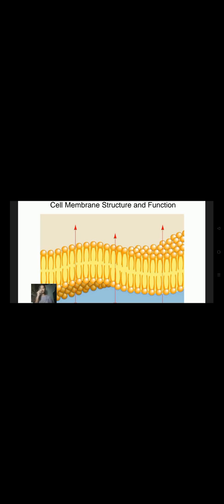So the question is, how does this gatekeeper work and what makes it so flexible and strong at the same time? To understand this, we need to look at its structure and the components that make it up. Let's explore this together by starting with the fluid mosaic model, which shows the basic structure and composition of a cell membrane.